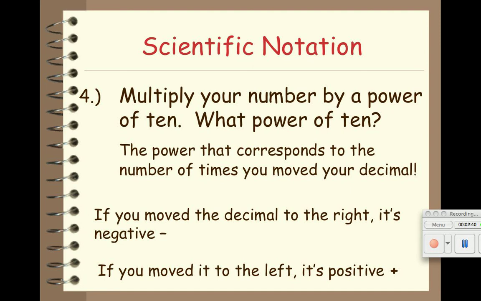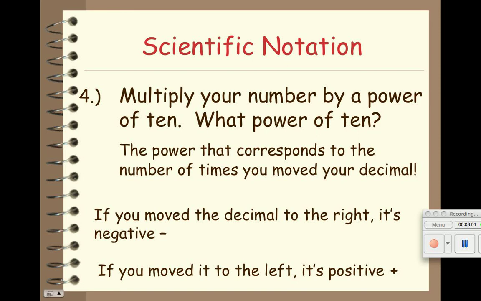The other is a power of 10. So I multiply my new number by a power of 10. What power of 10 do I use? The power of 10 corresponds to the number of times that you moved your decimal. If I move my decimal 2 times, it's times 10 to the second. If I move my decimal 6 times, it's times 10 to the sixth.